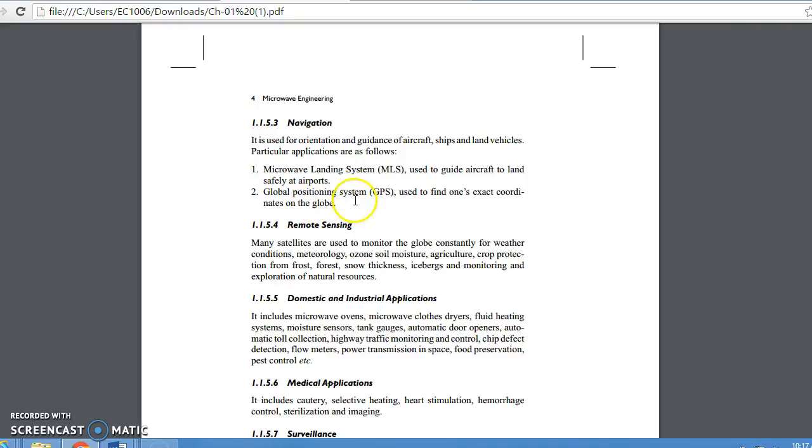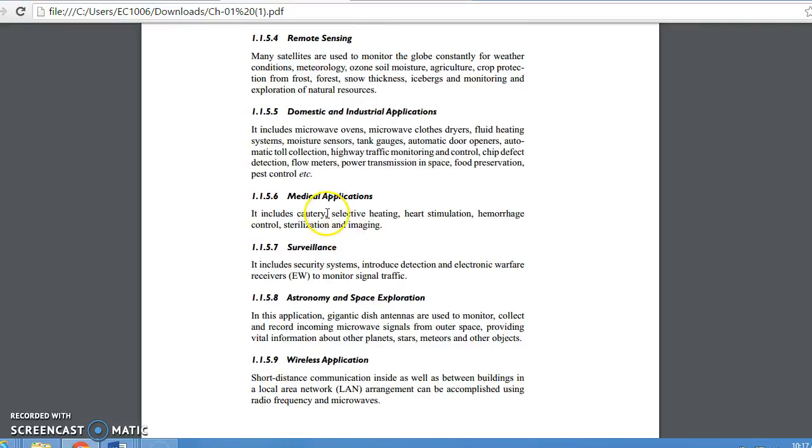Then the global positioning system is used in our mobile phones to find an exact coordinate on the globe. Using GPS we can locate our current location, the source as well as the destination where we are traveling. In our smartphones we use this GPS.